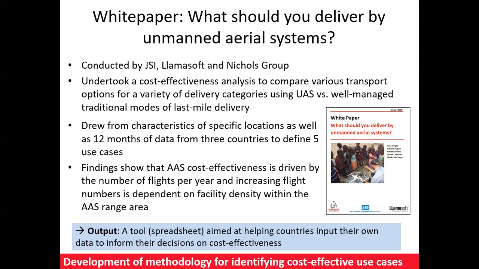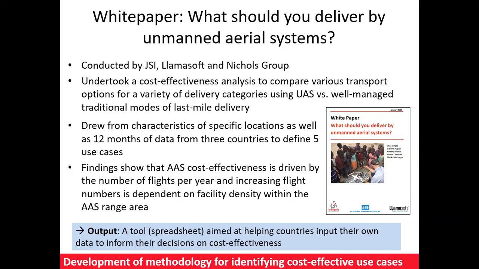We developed the white paper called What Should You Deliver by Unmanned Aerial System. In this, we undertook a cost effectiveness analysis to compare various transport options for a variety of delivery categories using unmanned aerial systems against well-managed traditional modes of last mile delivery.